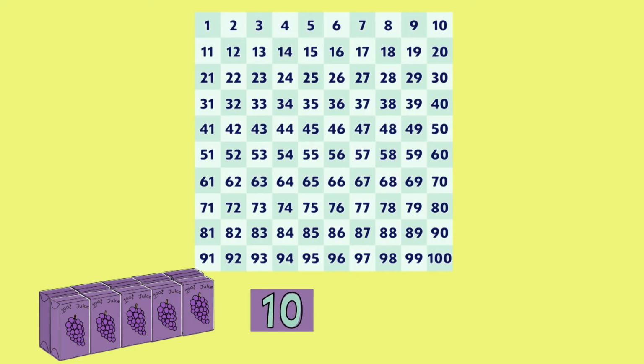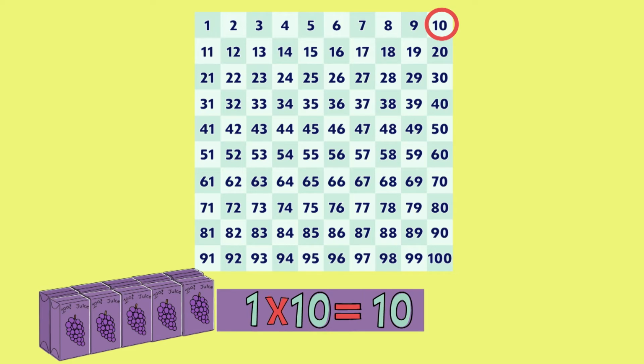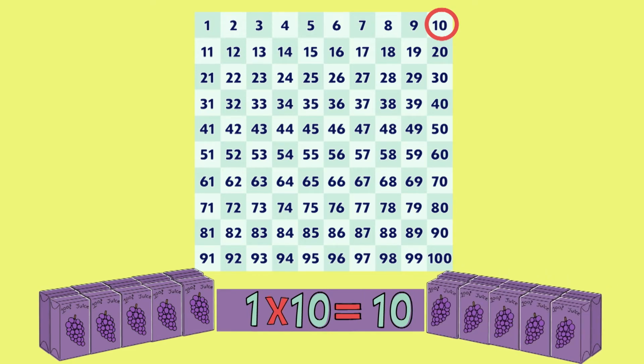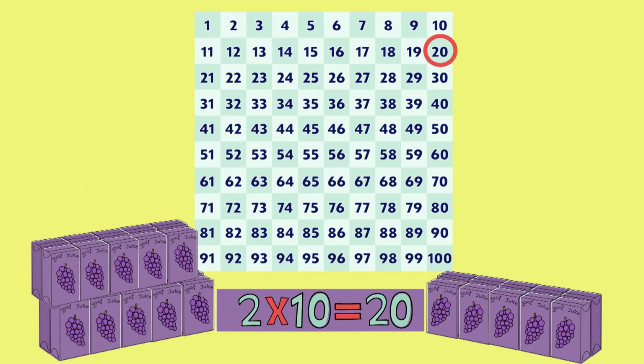Each package has 10 juice pouches in it, or 1 times 10 equals 10. So, how many would 2 boxes have? You say it with me. 2 times 10 equals 20. What about 3 boxes? Great job. 3 times 10 equals 30.